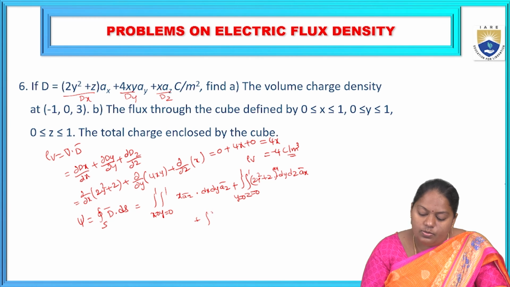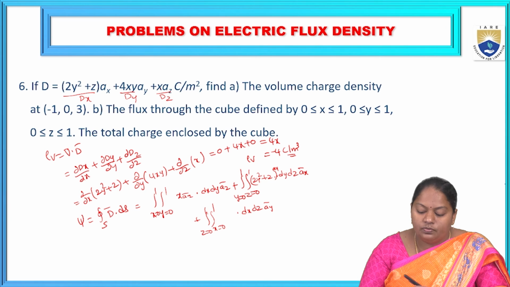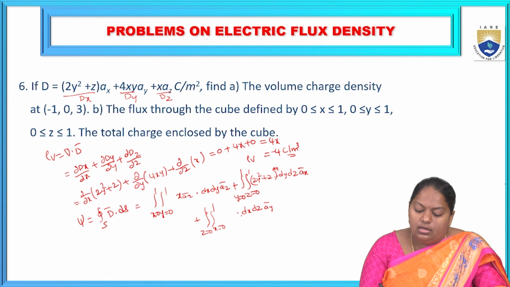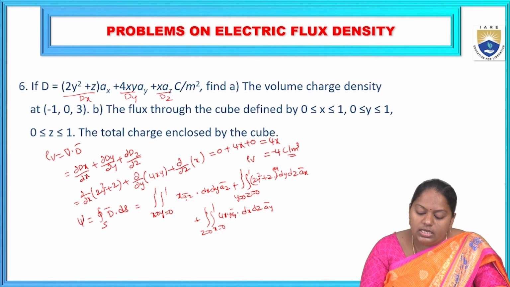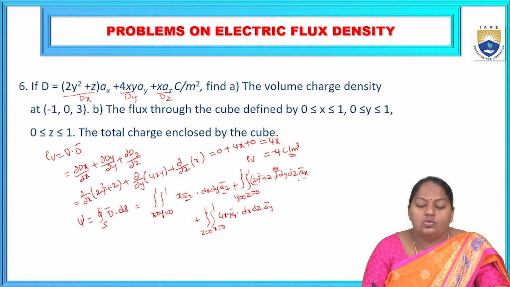Then plus the double integral with z from 0 to 1 and x from 0 to 1, where dS is dx dz into ay, and the y component is 4xy into ay. As we know, the dot product of the same unit vectors results in 1: az dot az is 1, ax dot ax is 1, and ay dot ay is 1.